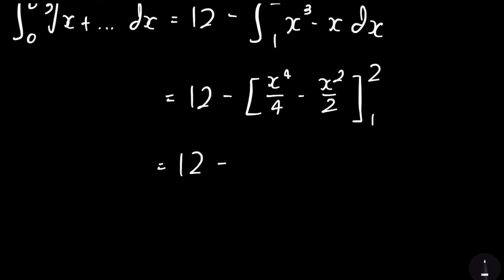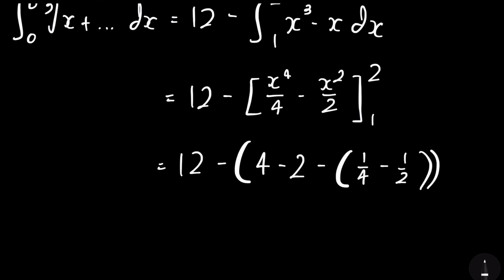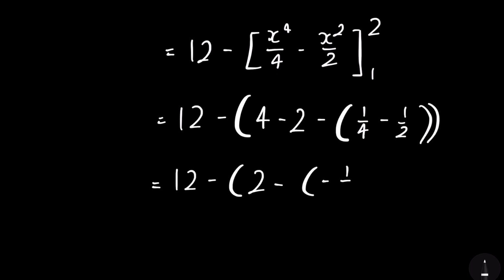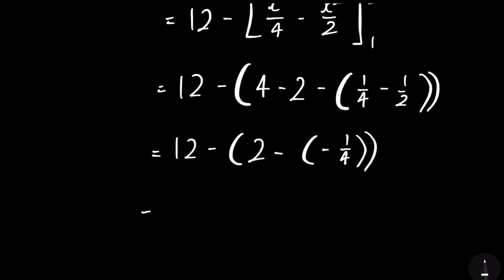Let's substitute this in. 2 to the 4 over 4 is 4. 2 squared over 2 is 2. And then we have a quarter minus a half. So we have 12 minus 2 minus a quarter, which is 10 plus a quarter, which is 39 over 4. And that's our answer.